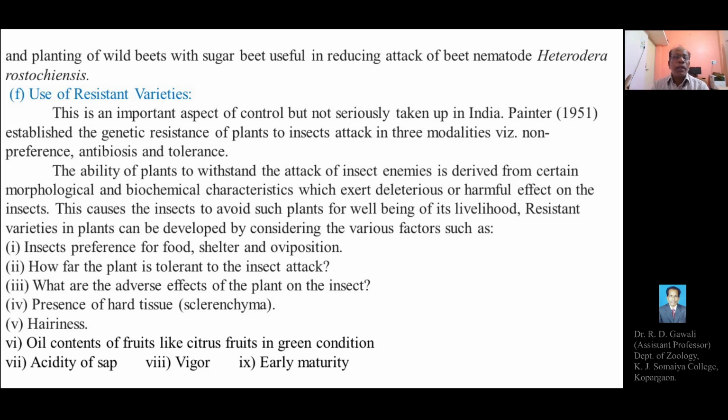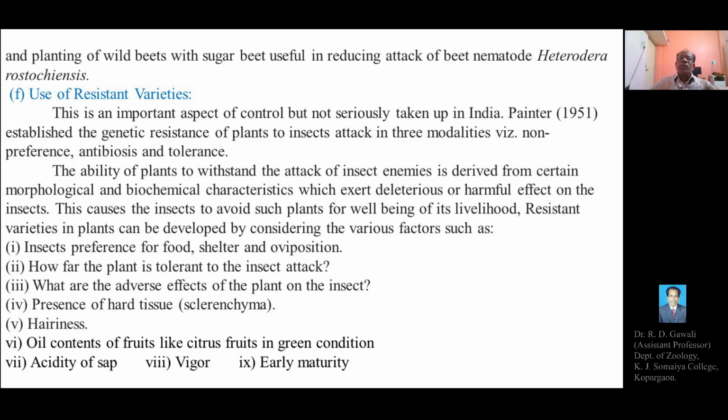How far the plant is tolerant to the insect attack. What are the adverse effects of the plant on the insect? Presence of hard tissue or sclerenchyma, hairiness, oil contents of the fruits like citrus fruits in a green condition, acidity of sap, vigor, early maturity.